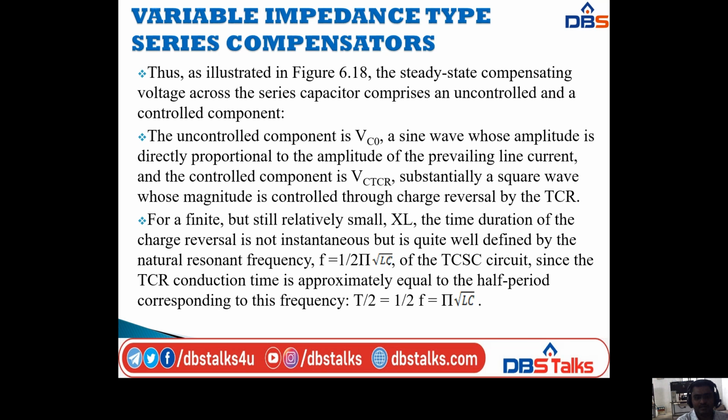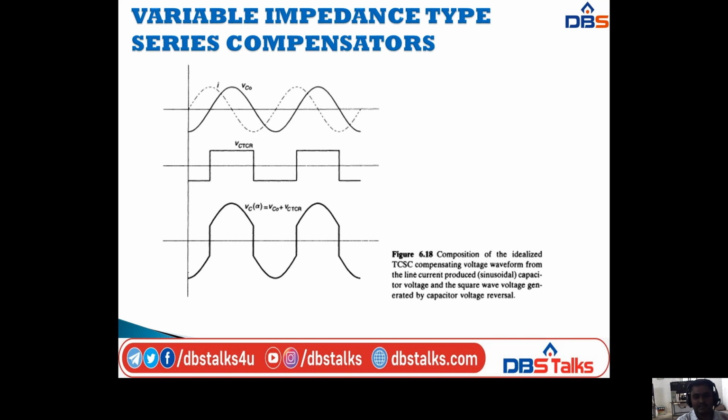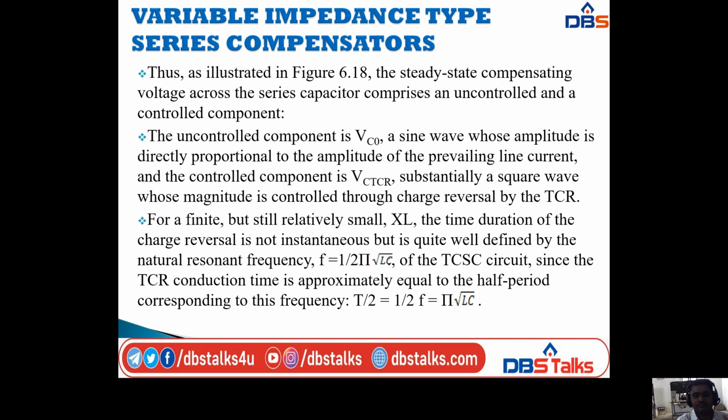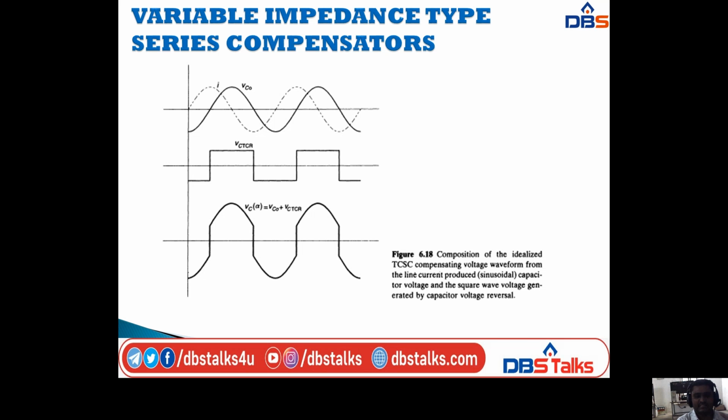The steady state compensating voltage across the series capacitor comprises an uncontrolled and a controlled component. The uncontrolled component is VC0, a pure sine wave in the first waveform. It is a completely sinusoidal wave whose amplitude is directly proportional to the amplitude of the prevailing line current I, shown by the dotted waveform.